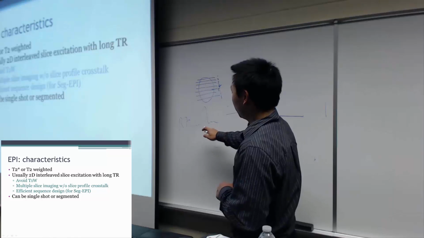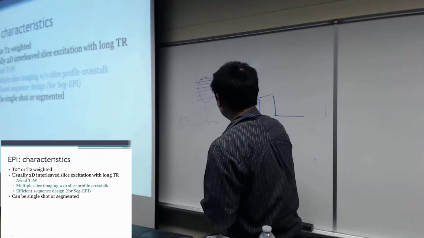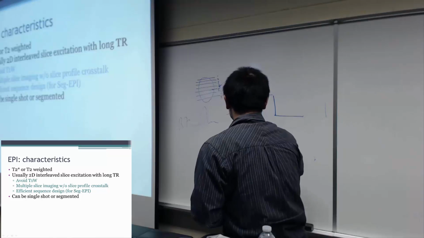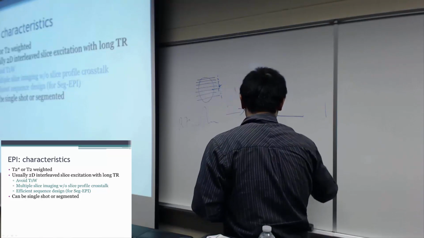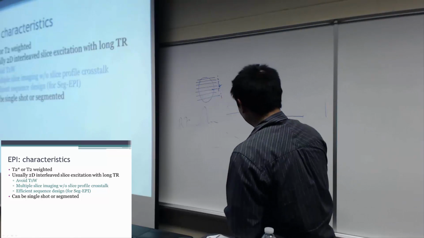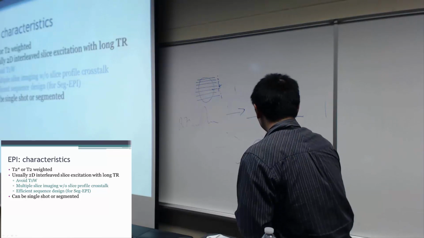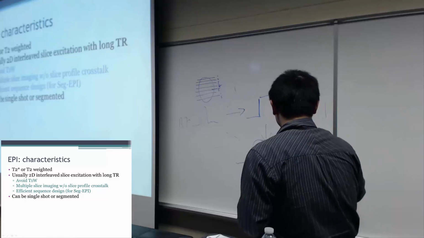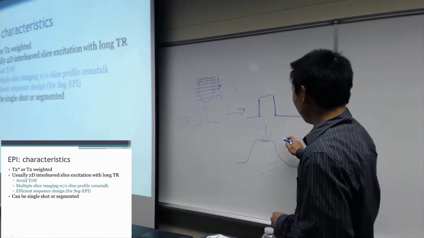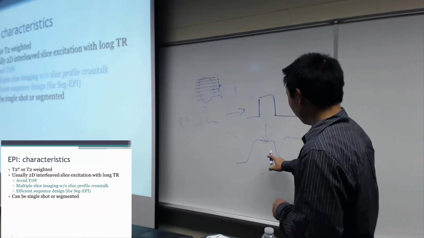But due to the limit of the bandwidth we can afford, practically we can only obtain a slice like this. So this is one slice, and then the next slice will be something like this, and the third slice something like this. We want to cover the whole brain with the slice profile going this way.